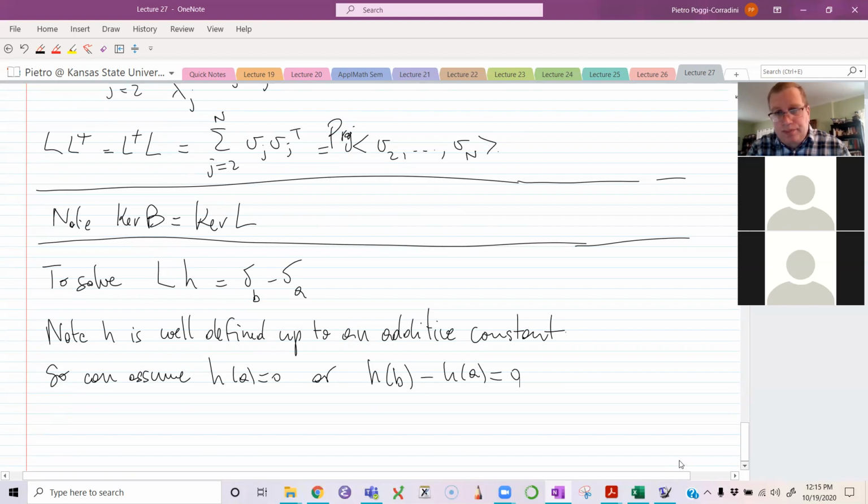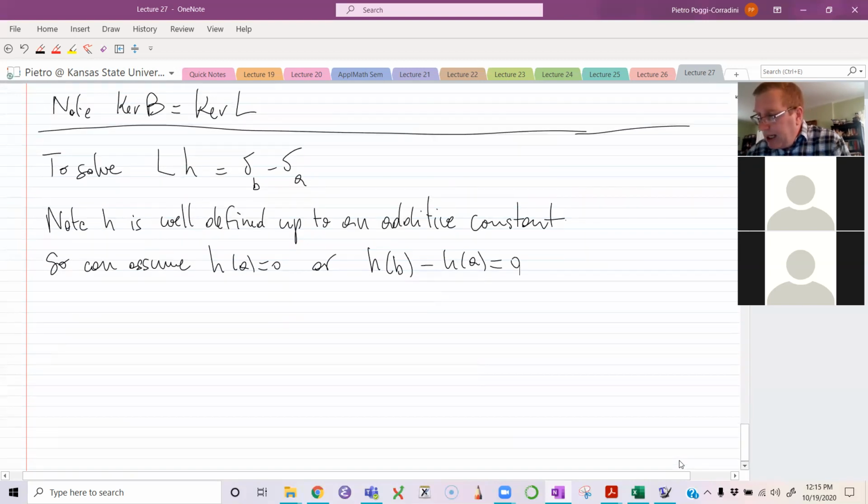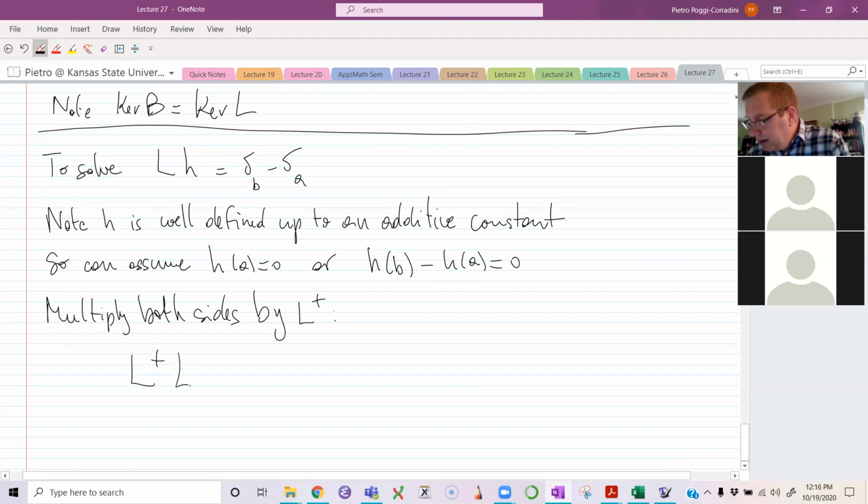And so if you multiply both sides by L plus, then here you're going to get the projection of H onto the orthogonal complement to the kernel, but it's already in there.